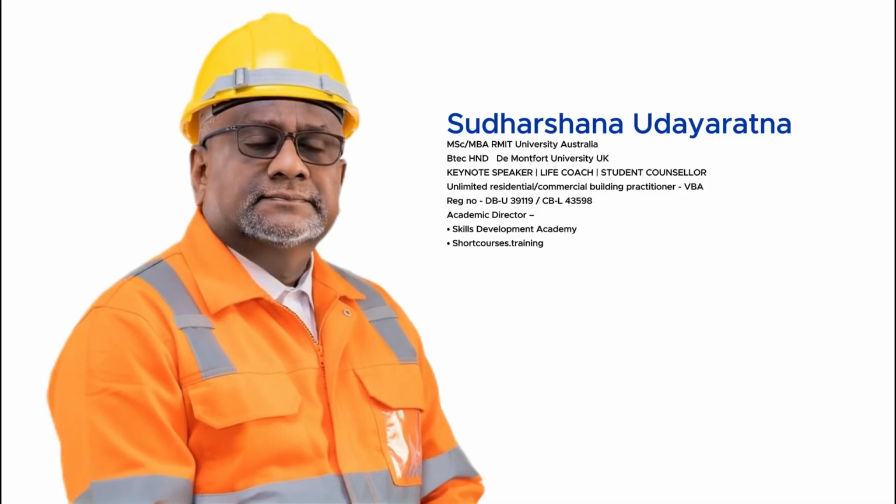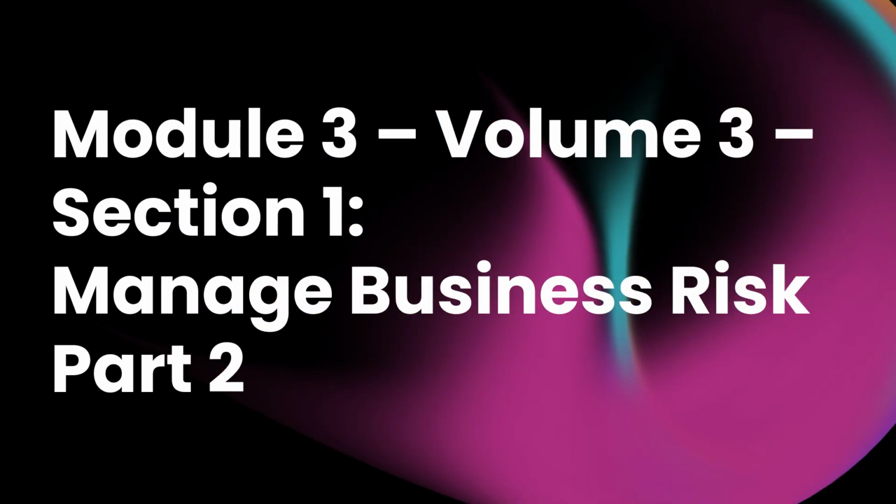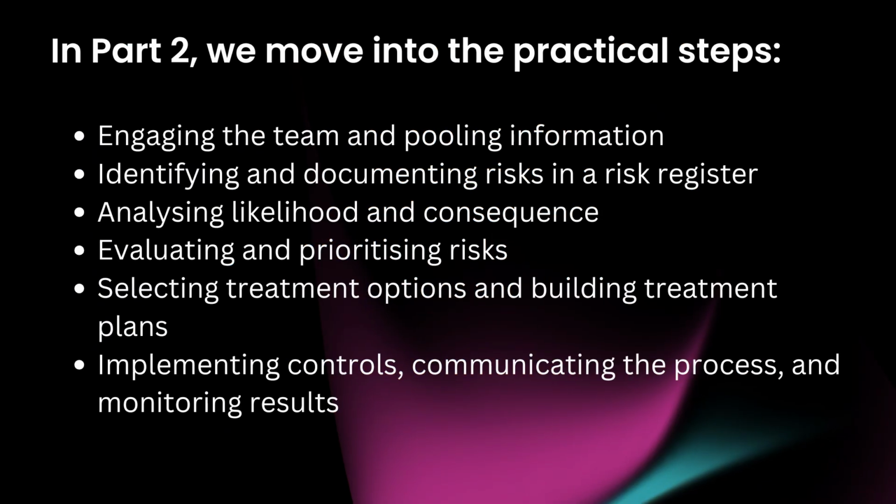Let's get started. Today's session is Module 3, Volume 3, Section 1, Manage Business Risk, Part 2. In Part 1, we set the foundation: risk context, scope, stakeholders, and why risk management matters in Australian construction.